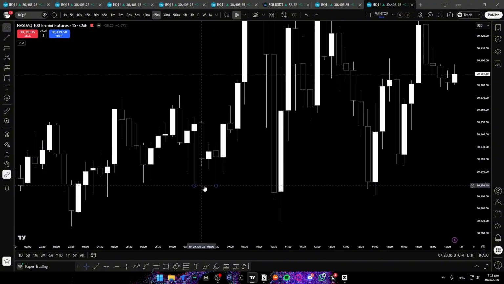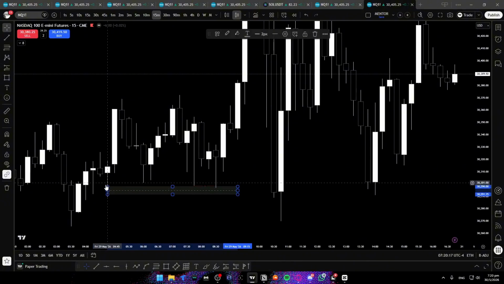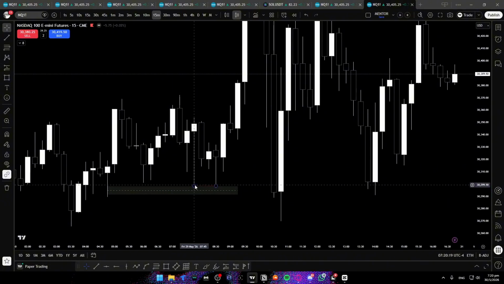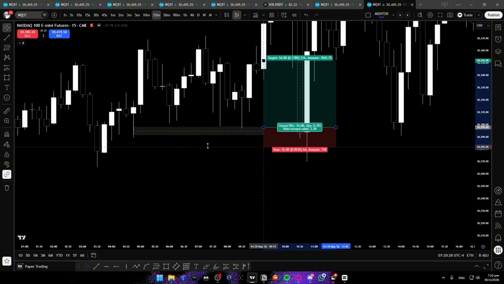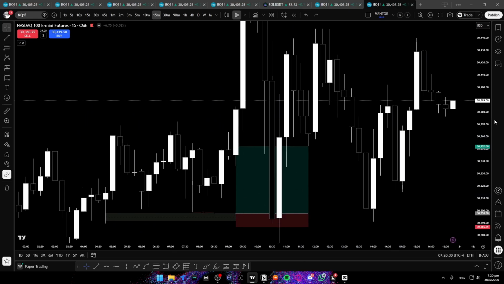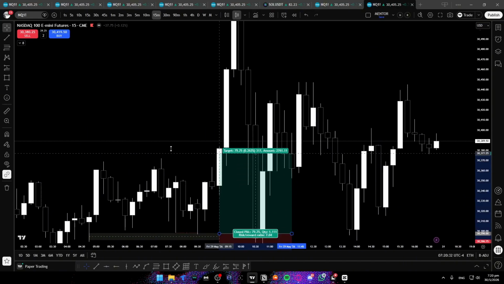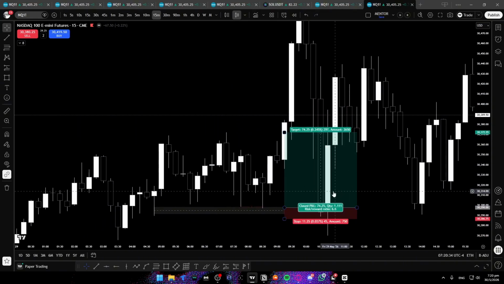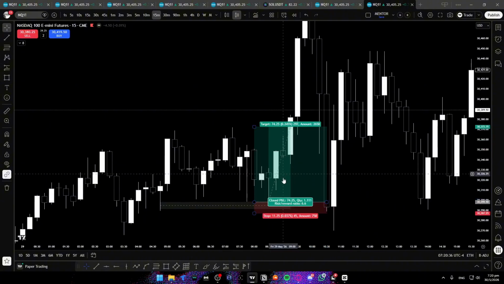Say this is the liquidity I'm working with, and I'm gonna buy somewhere here. It's a very tight spot, but let's say there's a fair value gap somewhere here. I will combine the sweep of this external liquidity and enter in the fair value gap. And then my trade will look something like this, right? Stop loss around here, and then I would take profit around, let's say here, right? This is what the trade would look like.